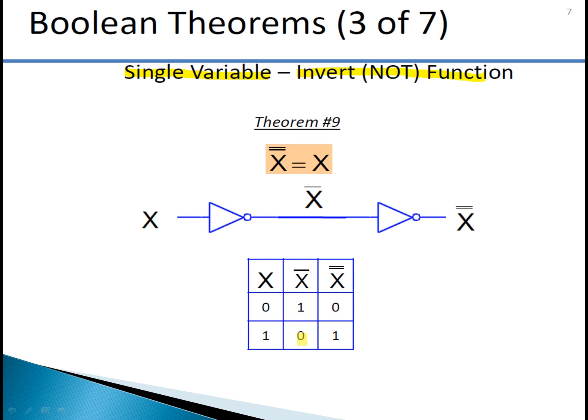That is x bar equal to 0. And take one more complement. This 0 becomes 1. That means x double bar equal to 1. So now consider this x column and x double bar column. So if x is 0, x double bar equal to 0. If x is 1, x double bar equal to 1. That means x double bar equal to x only.